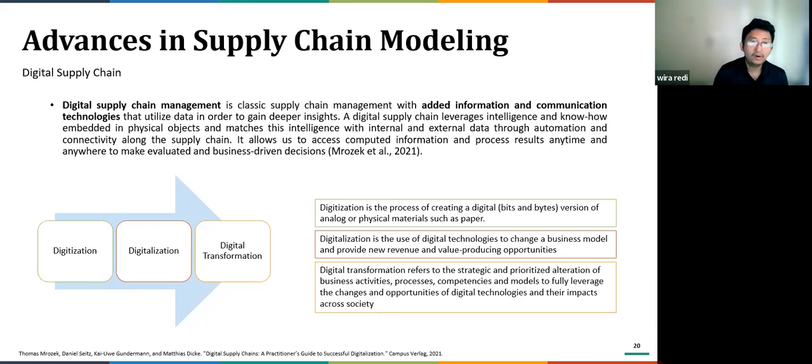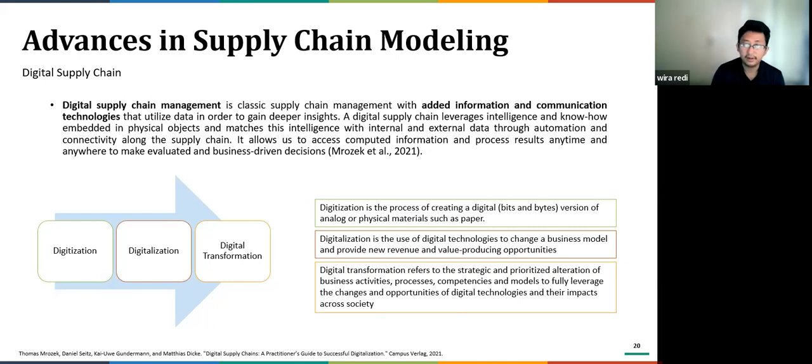However, it emphasizes more how information and communication technology becomes a determining factor in the success of those supply chains. So most of the discussion about digital supply chain also talks about how to digitalize the conventional data, from first digitization, then moving to digitalization, and finally digital transformation. These are three important keywords that are most often discussed in digital supply chains.